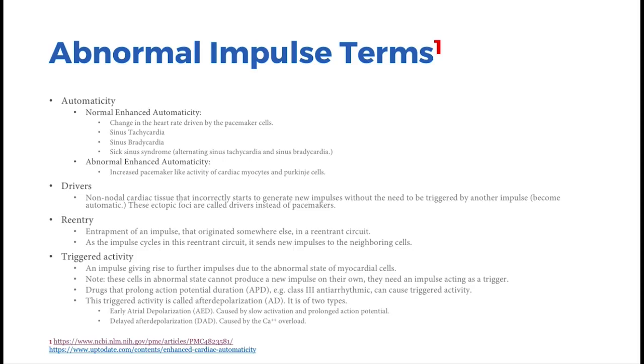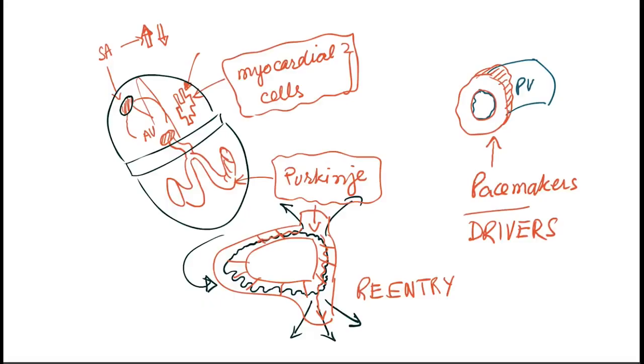So we know that in triggered activity, I'll just do this much, that one cell receives an impulse, and that impulse, because of some abnormality in the cell, becomes multiplied, or more depolarizations occur. And we talked about it, that there is early afterdepolarization and late afterdepolarization, and the phenomenon of that depolarization is discussed in the multifocal atrial tachycardia lecture.